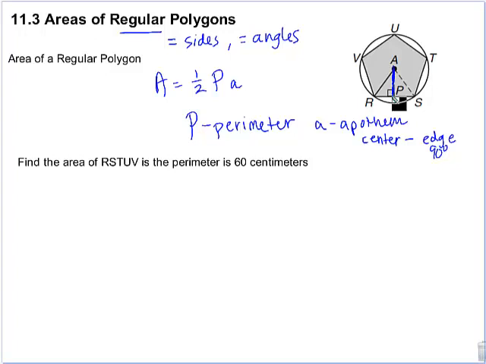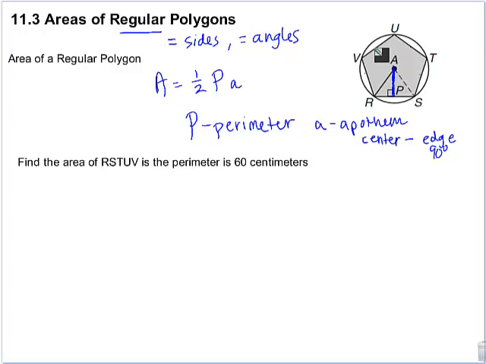Center to the edge forming a 90-degree angle. You could, of course, draw that apothem to any of those other edges as well. But you need to know that length. And we already know perimeter. Perimeter is distance around. So we need to find perimeter and then this apothem. Once we find both of those, then we can find the area.